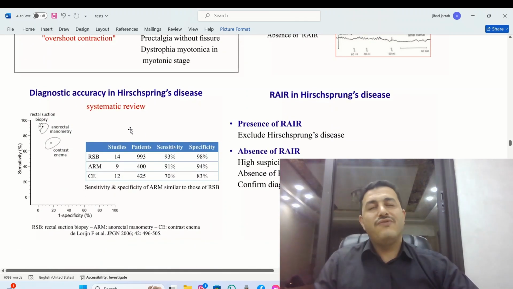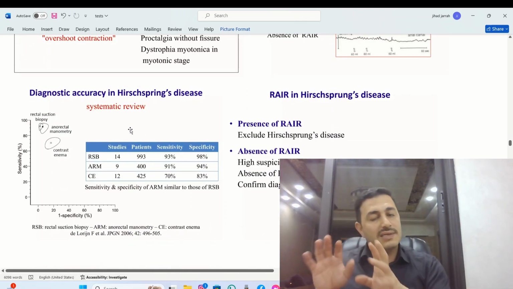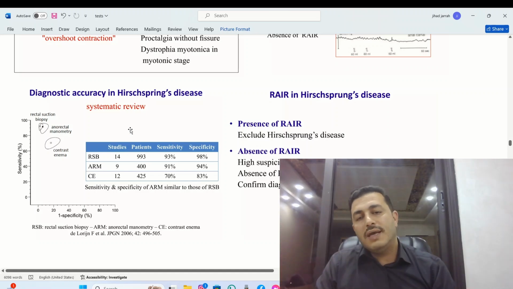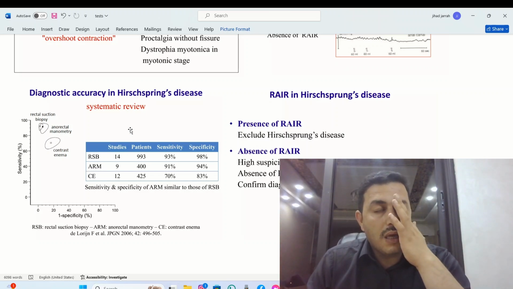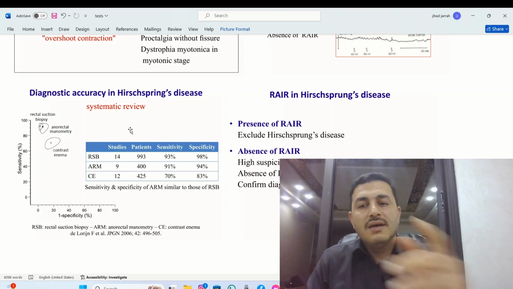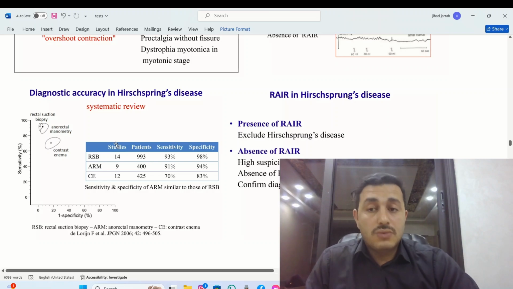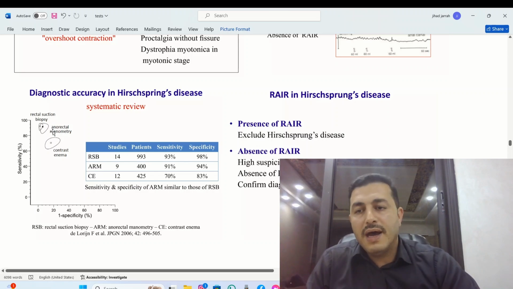Okay, we are not going to discuss Hirschsprung per se today. We will have a lecture about pediatric colorectal disease, but you can see that to diagnose Hirschsprung disease, the best is to use rectal suction biopsy. I think most of you are familiar with that.